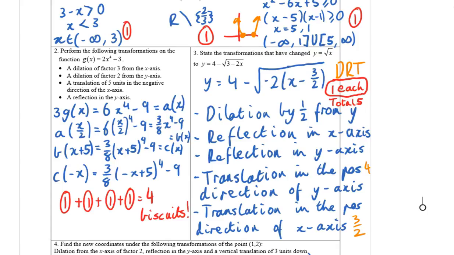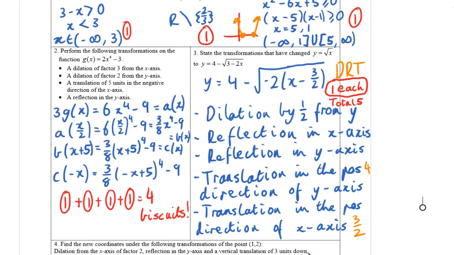Enjoy that one. Question 3, stating the transformations that have changed the square root of x to 4 minus the square root of 3 minus 2x. My first step was to factorize out negative 2 in the surd, so we've got negative 2 bracket x minus 3 over 2. And I want to state these transformations using Dr. T: dilations, reflections, and then translations.